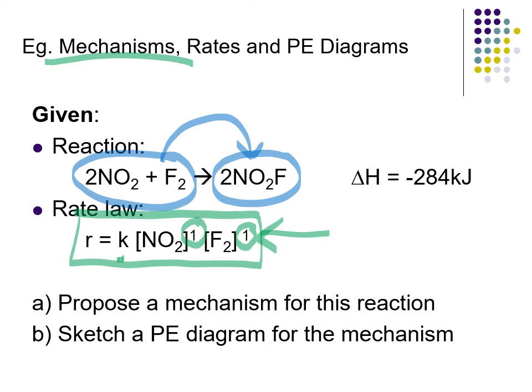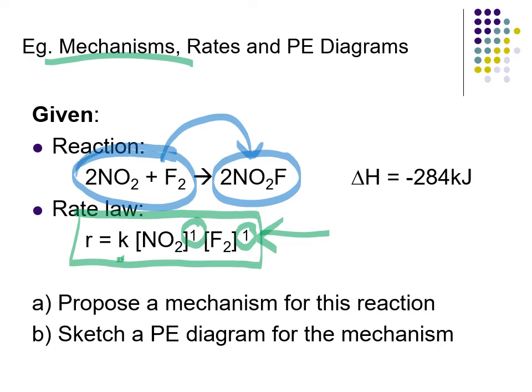So think about it when you're building a car out of Lego. You buy a Lego set for a car. You don't just take all of the pieces and jam them together and you have a car. Essentially, that's the overall process. You start with a bunch of pieces and you end with a car, but the process is broken up into several steps. And it's the same thing for a reaction.